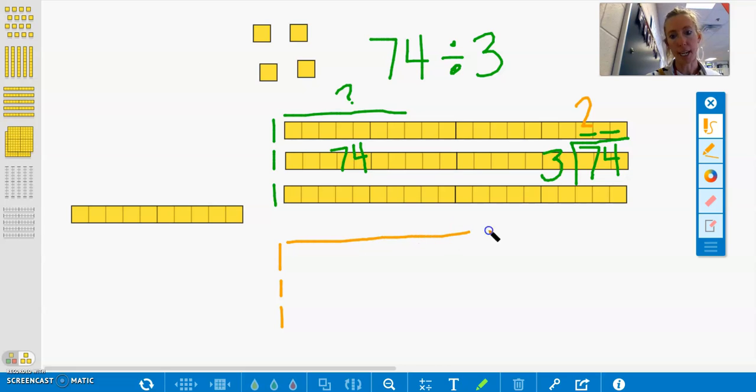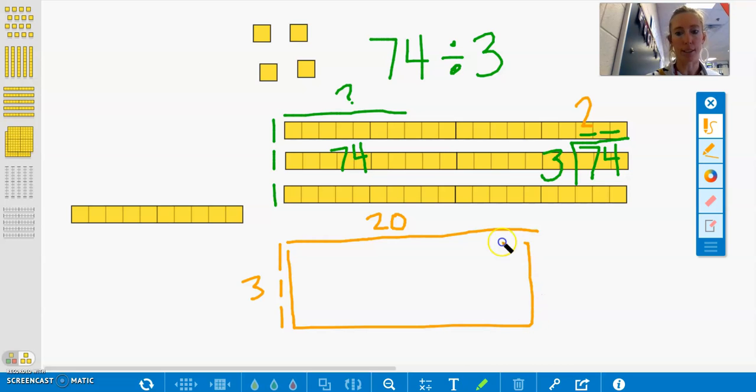So instead of 1 ten, it was 2 tens. So that's 20. So this is a dimension of 20 by 3. So how many total people is this, or squares? You may already know it by counting by tens. We could also just do 3 times 20. 3 groups of 20 gives me 60 total people.